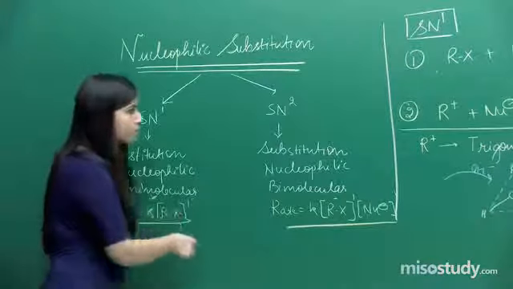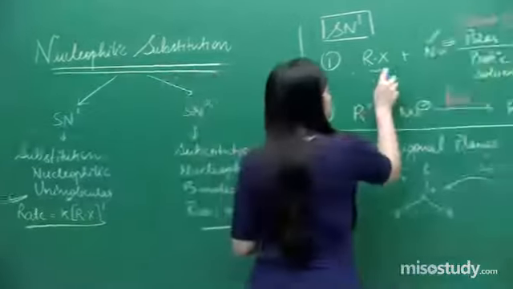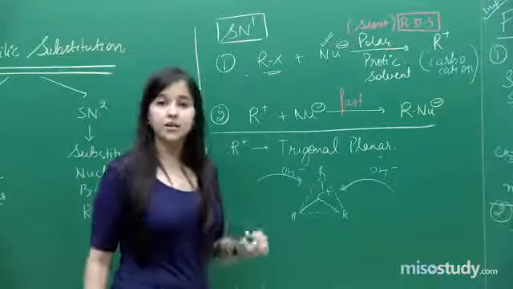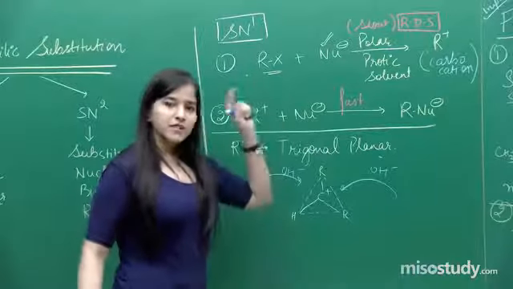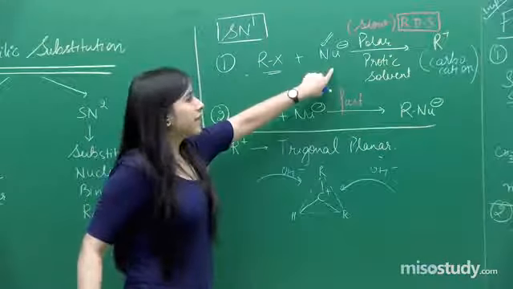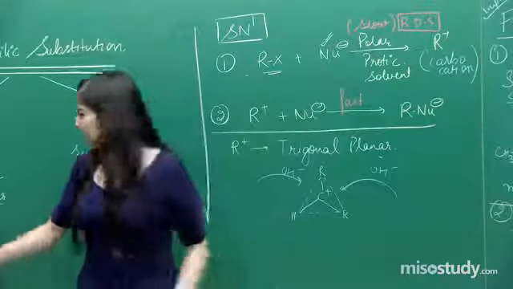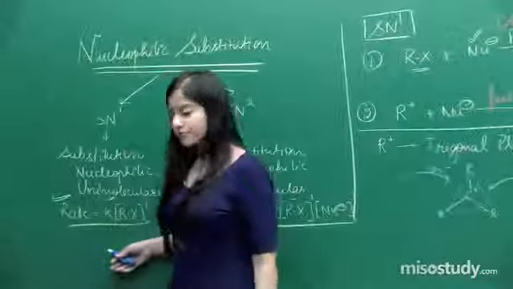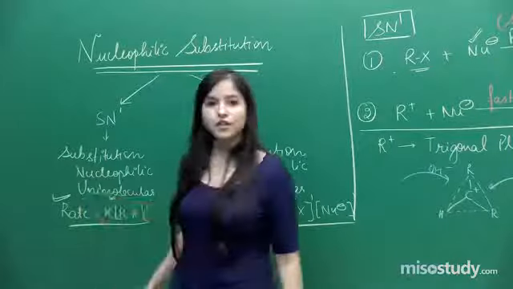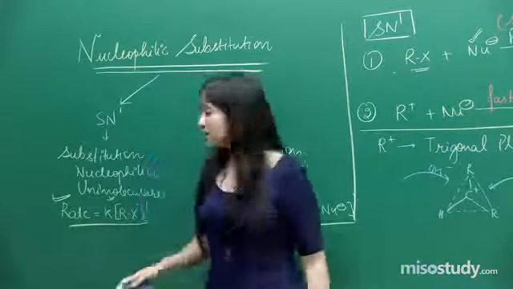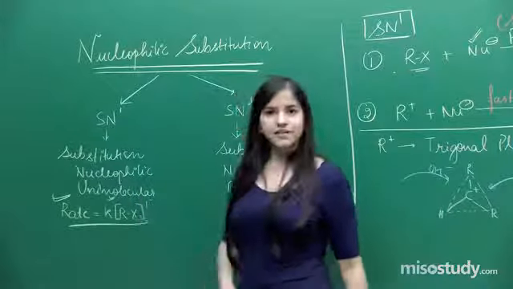What is this RX over here? RX is none other than the concentration of the alkyl halide, the main reactant, the main substrate that is taken. So it does not depend anywhere on the nucleophile concentration, as the rate equation says it all. There is no mention of the nucleophile. That means the speed of the reaction does not depend upon the nucleophile concentration.